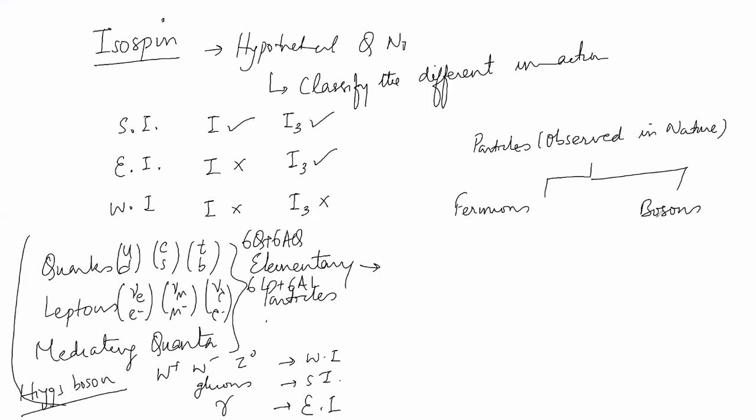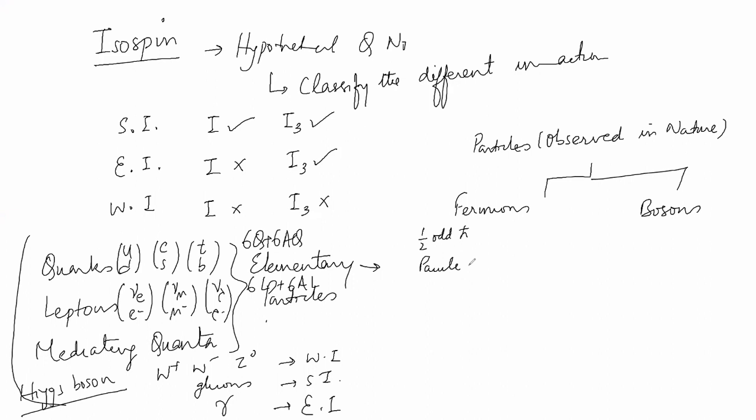Fermions are the particles which obey Fermi-Dirac statistics. Their spins are half odd integral multiples of h cross.